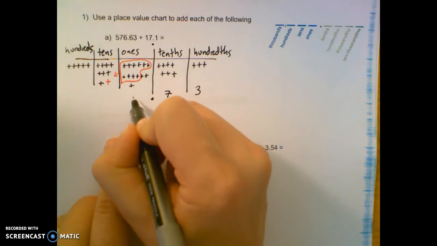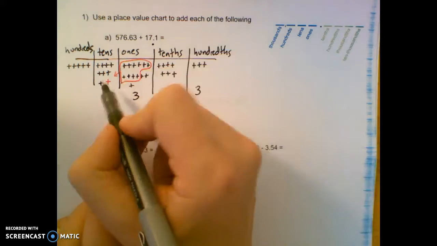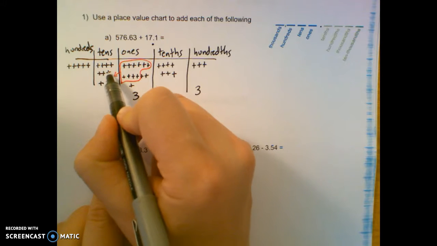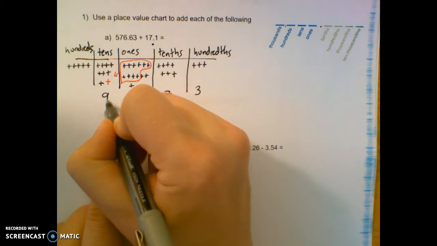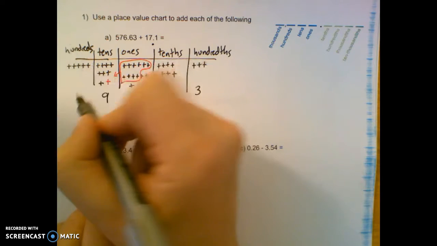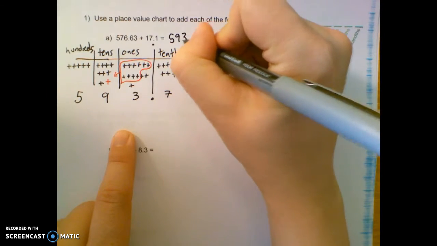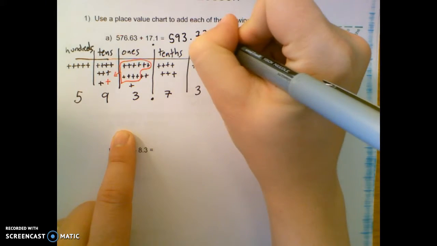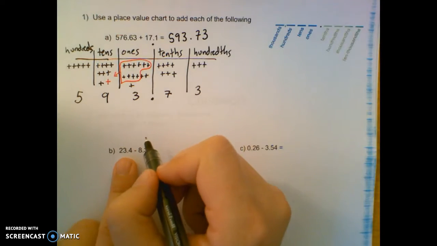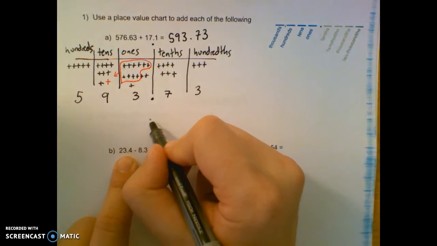So that means I really just have my 3 ones left over right here. Now I have 1, 2, 3, 4, 5, 6, 7, 8, 9 tens, and 1, 2, 3, 4, 5 hundreds, for an answer of 593.73.